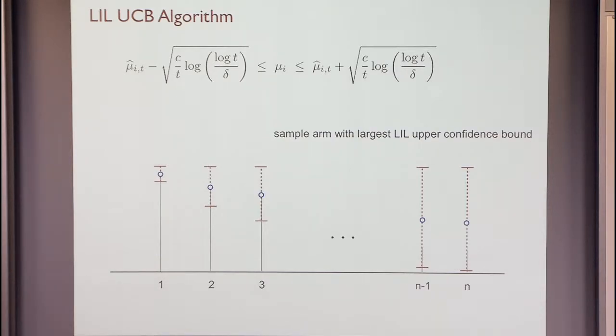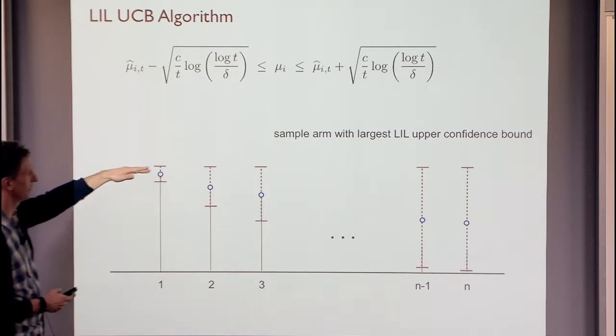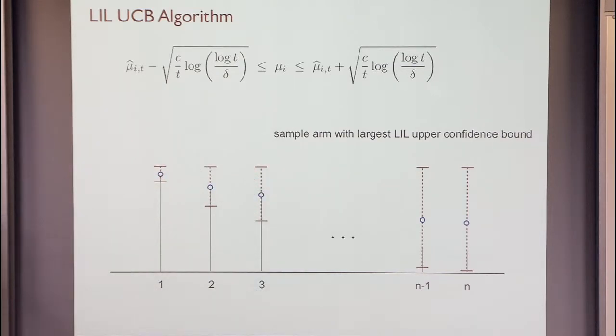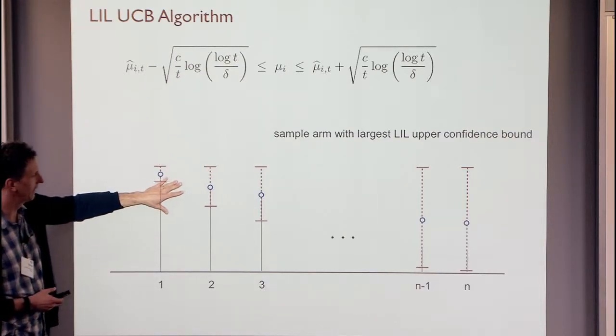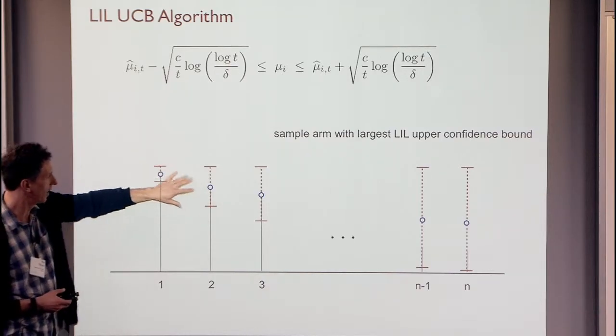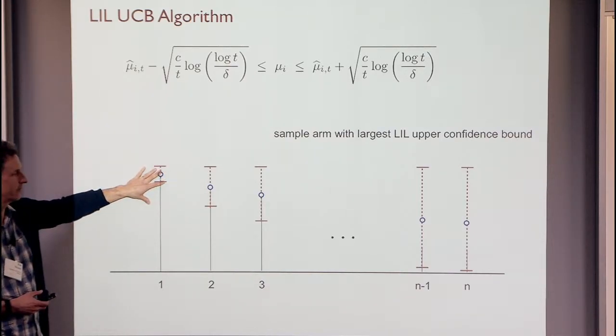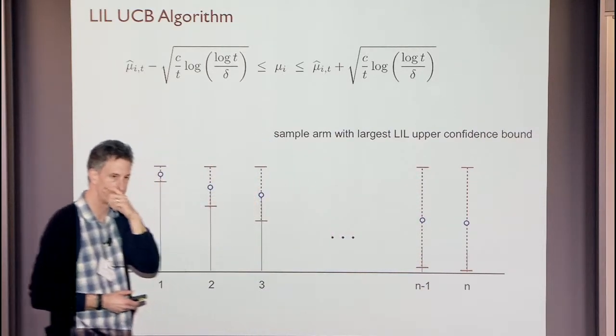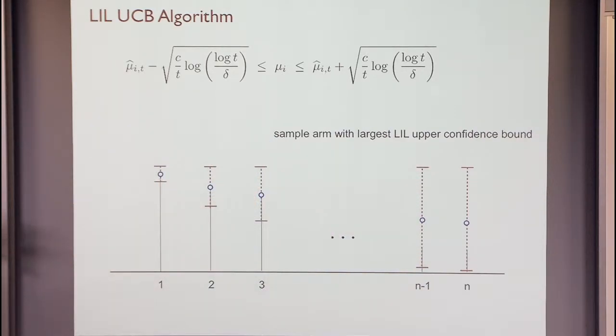Okay? And what that roughly says is that you're equalizing all of these upper confidence intervals. And so the picture would look something like this. And what it's telling us is that you're going to be sampling the arms that have large means much more frequently than these. So the larger the confidence interval, the fewer samples you've taken. And so it automatically focuses your sampling, biases it towards potential winners.